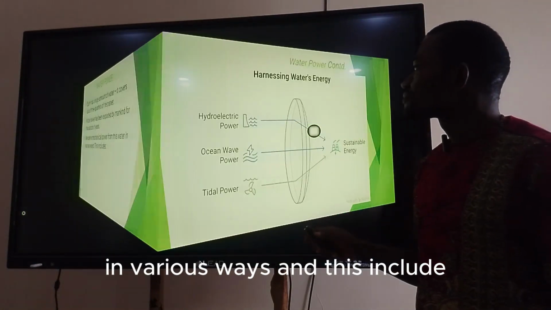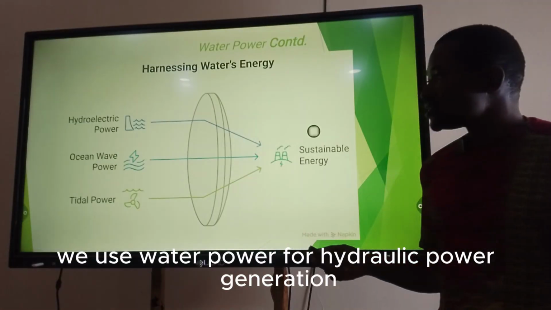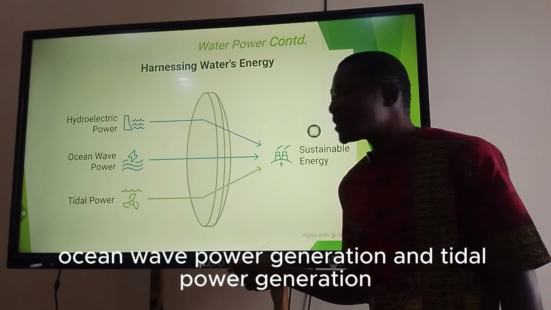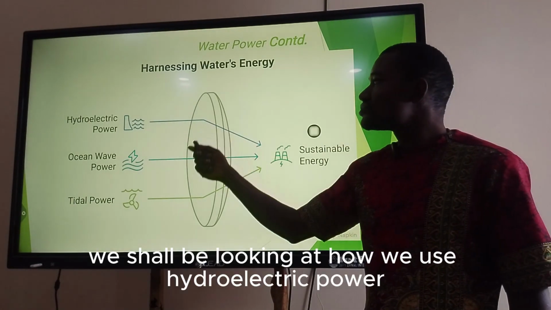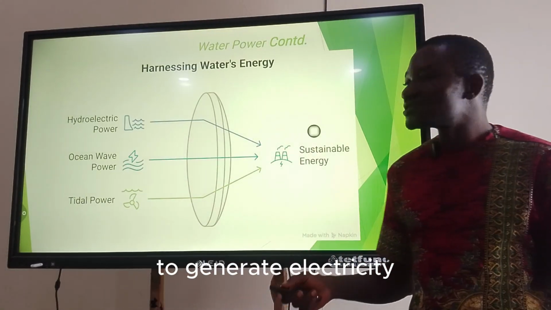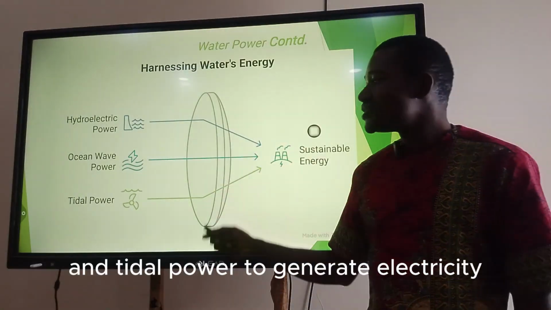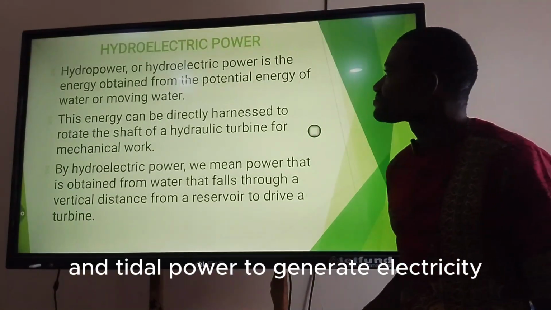This includes hydroelectric power generation, ocean wave power generation, and tidal power generation. So we shall be looking at how we use hydroelectric power, ocean wave power, and tidal power to generate electricity.